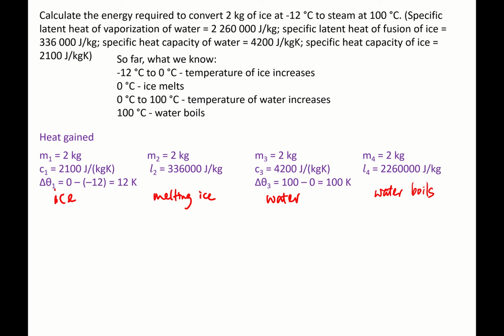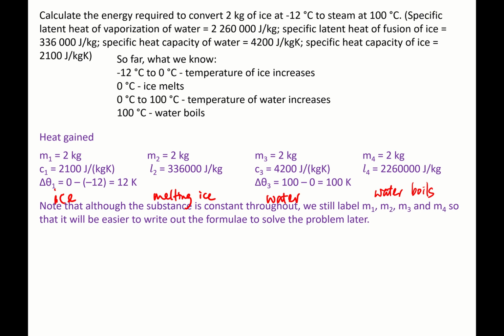So you can see what I meant by laying out this data is much neater now. Note that although the substance is constant throughout, I could easily just use M to represent all the four masses, but I prefer to label M1, M2, M3, M4 so that it's easier for me to write out the formulae to solve the problem later.